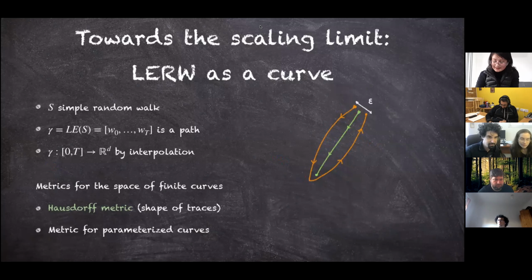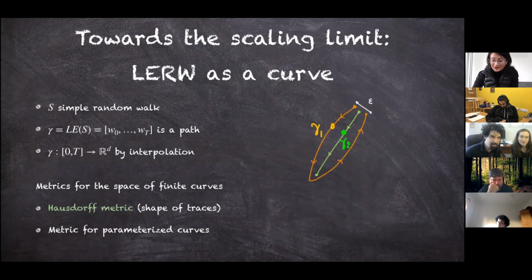And in this case, if I compare the blue path, which I call gamma 1, with the orange path, which I call gamma 2, then these are close, because in the Hausdorff metric, for every point in gamma 2, I can find one point in gamma 1 that is epsilon close, and vice versa.